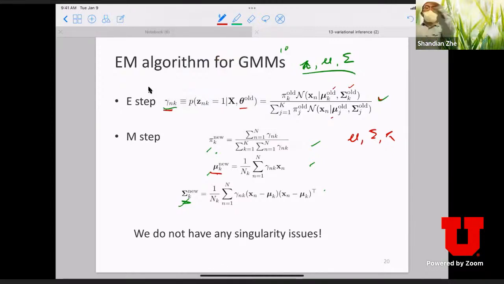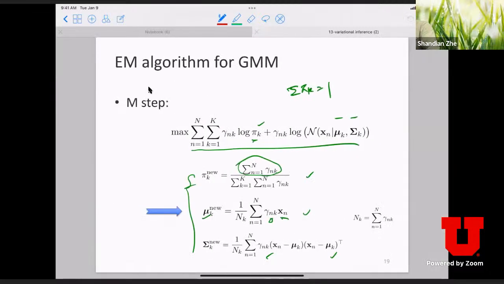You only change the remaining part, which does not involve gamma, like log pi k, log normal of xn given mu k and sigma k. Those are free parameters you want to optimize. But the pi k old, mu k old, and sigma k old, which determine gamma nk here, won't be changed. They're treated as completely constant. That's the idea of the EM algorithm.